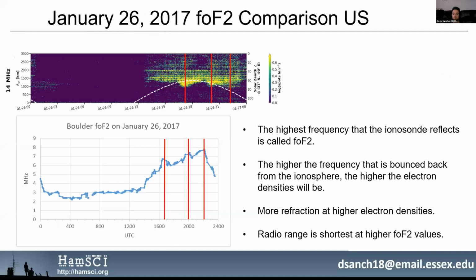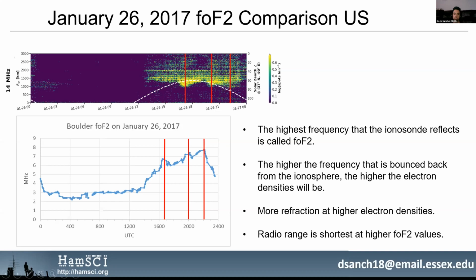Now, I'm primarily using the foF2 data from the Ionosondes. So foF2 is the highest frequency that the ionosphere reflects back to the Ionosonde. And so we expect the higher the frequency that is bounced back from the ionosphere, the higher the electron density would be.